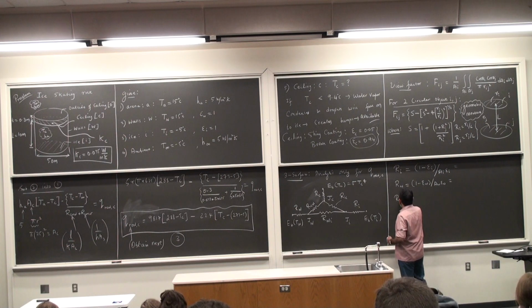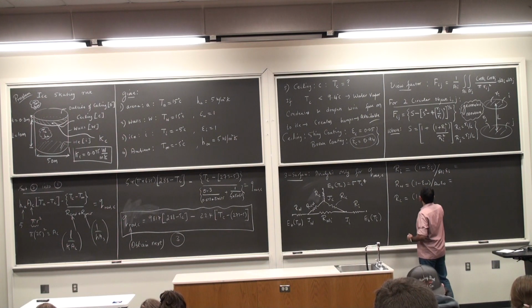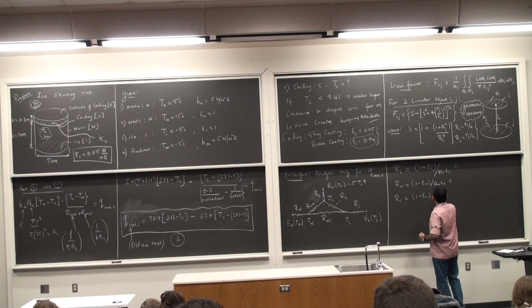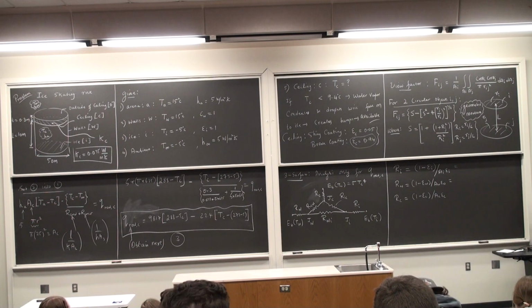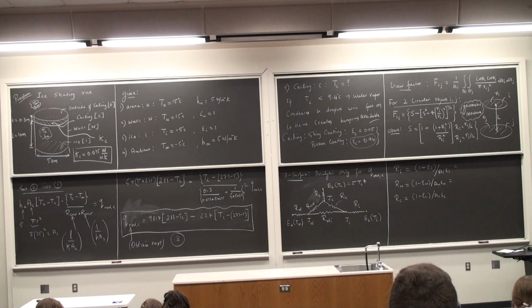And then Rc is 1 minus epsilon c by Ac epsilon c. Epsilon ice is 1. Epsilon of the wall is also 1. Both of these end up being 0.